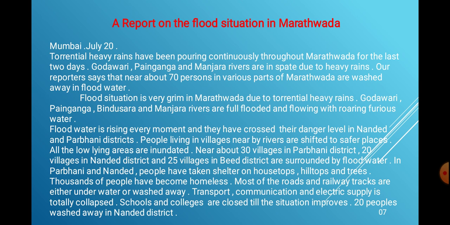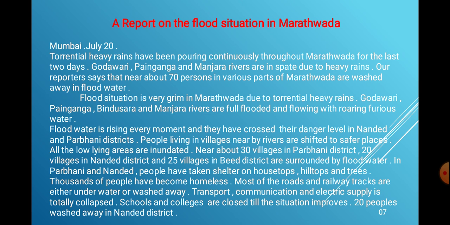Nearly 30 villages in Parbhani district, 20 villages in Nanded district, and 25 villages in Beed district are surrounded by flood water. In Parbhani and Nanded districts, people have taken shelter on housetops, hilltops, and trees. Thousands of people have become homeless.